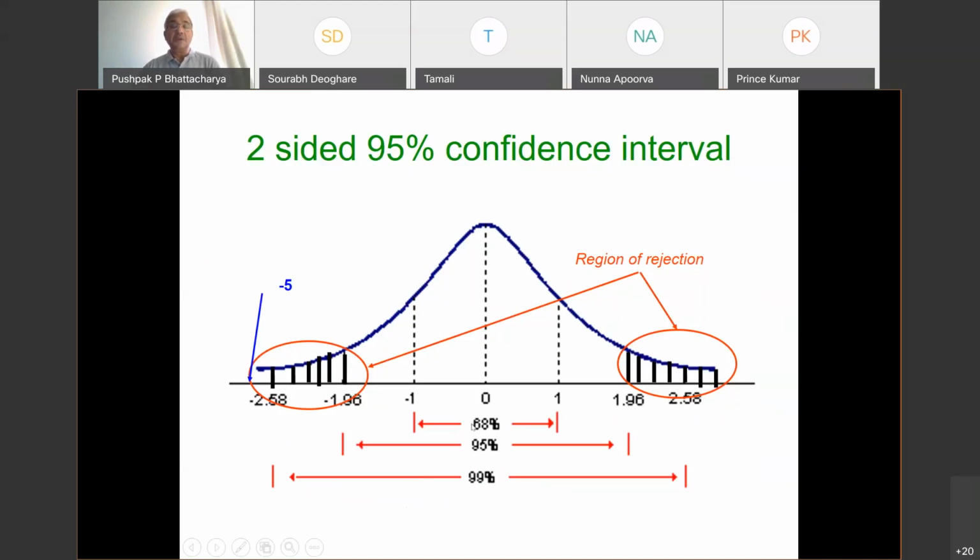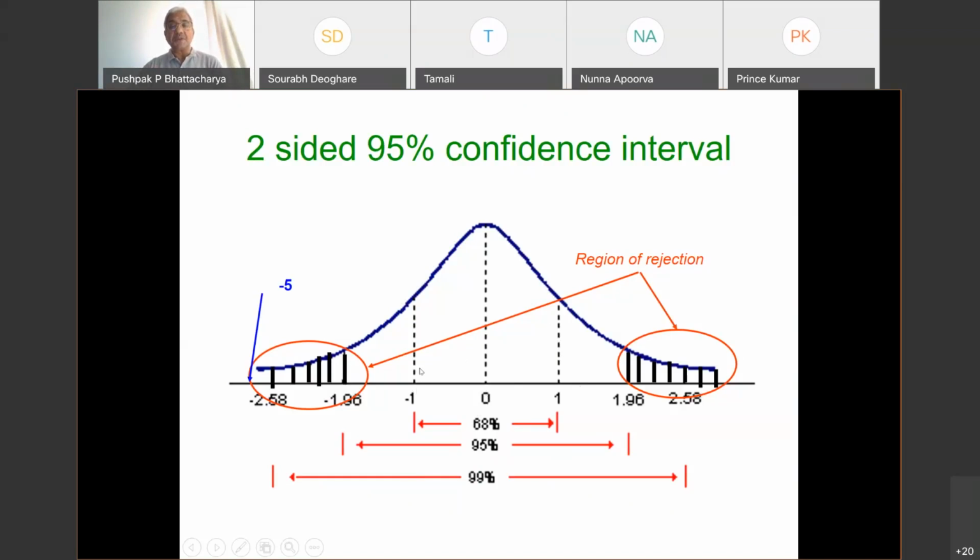Now one may come back and say that why all these nitty-gritties, why all these hypotheses and so on. I had told you before by looking at 78 milliliter per bottle that you cannot believe the factory. So why are you doing all this? No, we say that we have a scientific methodology to reject or accept a hypothesis.